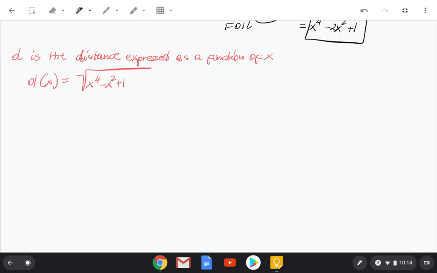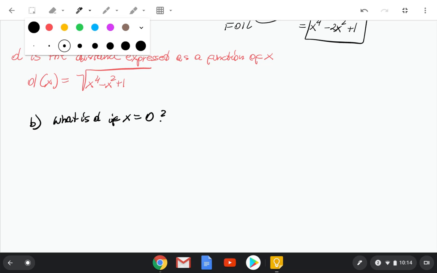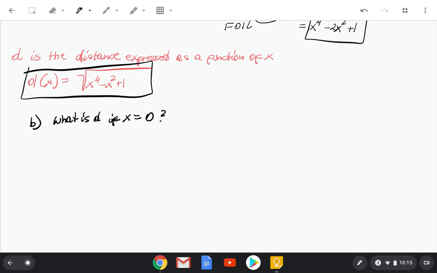Let's see, that would be better. Part B. Okay, in part B, they're asking you what is d if x is zero. So what is the distance when x is equal to 0? Technically what we're going to do, we have our distance formula right here, so we're going to replace x with 0.